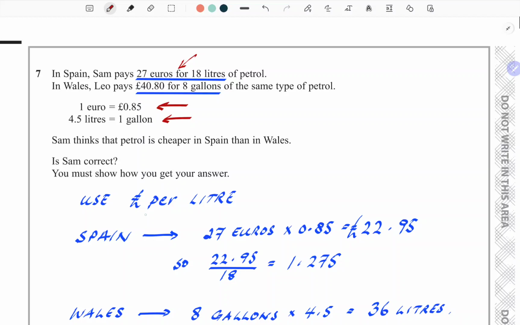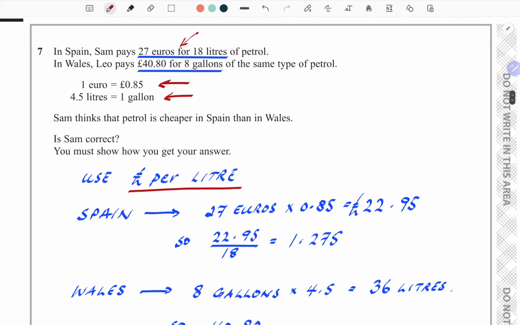I've chosen pounds per litre. So in Spain, the amount paid is 27 euros, and each euro is worth 0.85 pounds, so 85 pence.